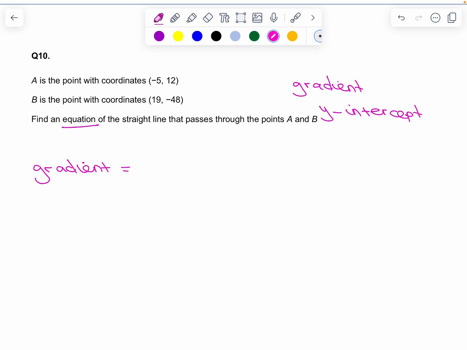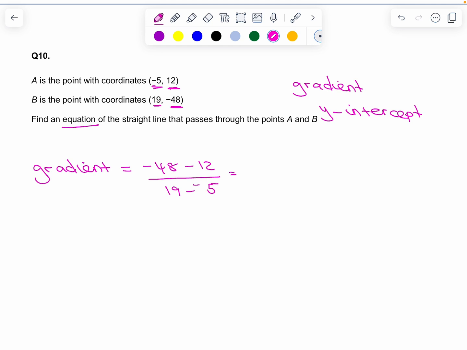So the gradient of this line is your y values. So you take the second y value, minus 48, and take away the first y value, 12. So minus 48, take away 12, divided by your second x value, 19, take away your first x value, so minus 5.